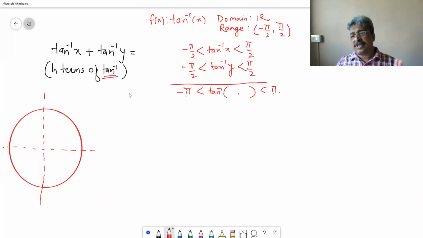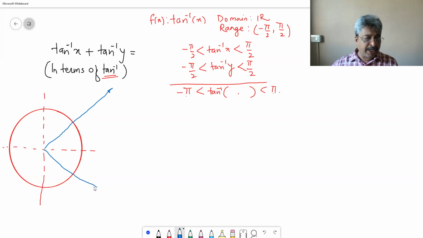However, the first thing to do is to solve the easiest problem and then consider the cases. What will be the easiest problem? It will be if your terminal ray is at plus 45 or minus 45.